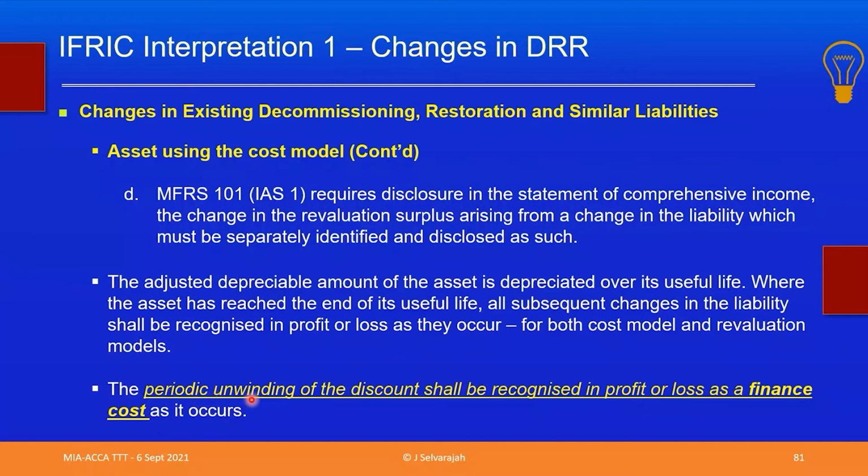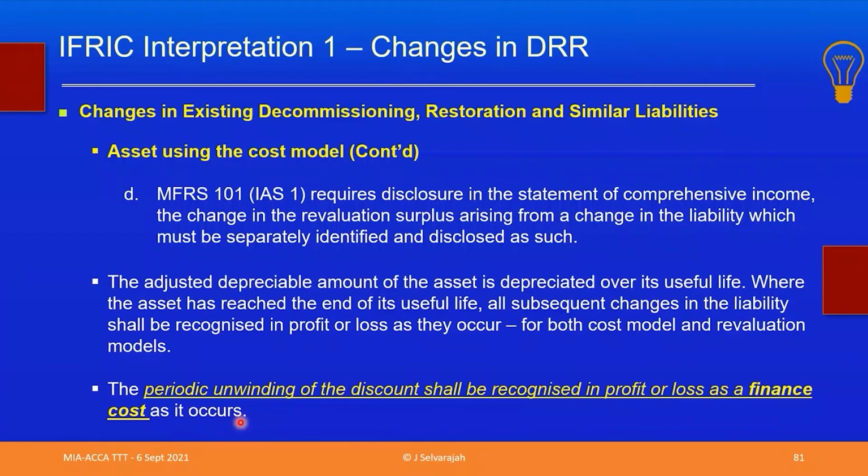So the periodic unwinding of the discount, the interest that we are actually debiting to the P&L account and crediting to the provision to increase the liability, as you saw in the calculation, shall be recognized in P&L as finance cost as it occurs. This is where you see I put the word finance cost, because it is prescribed in the standard.